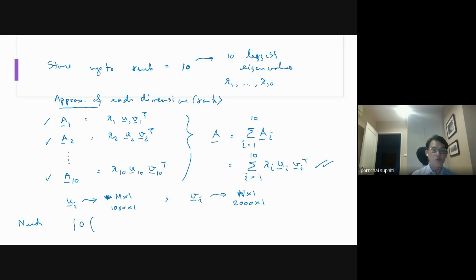U has 1000 numbers to store. V has 2000 numbers to store. And then we need to store the eigenvalue, which is 1 number.